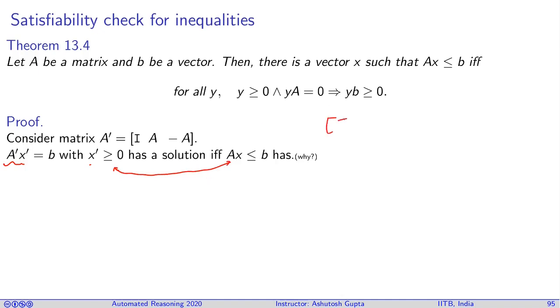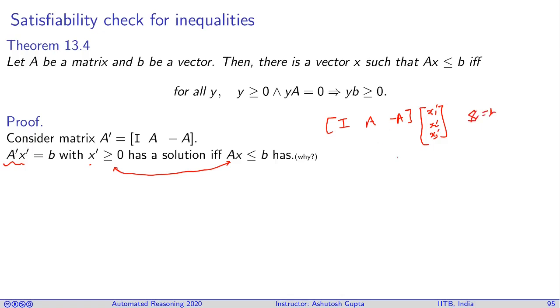So let's see, if you think about it, A prime has three parts to it. Your unknown vector x prime, let's say x1 prime, x2 prime and x3 prime, equals to b.